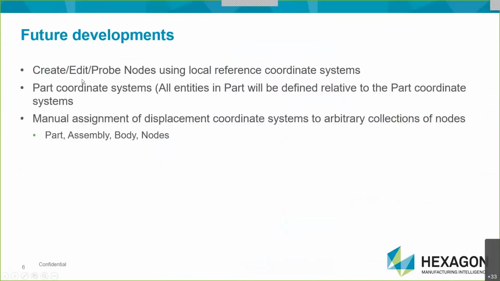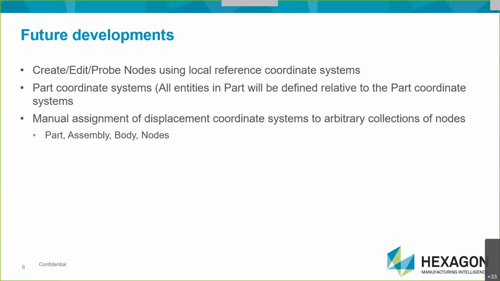Although we correctly import this information and export it, we don't have tools that will let you manually define or modify nodes' reference coordinate systems or manually assign displacement coordinate systems to nodes.